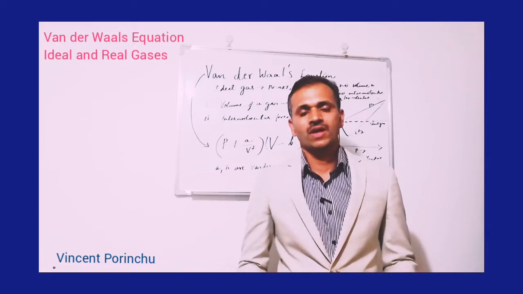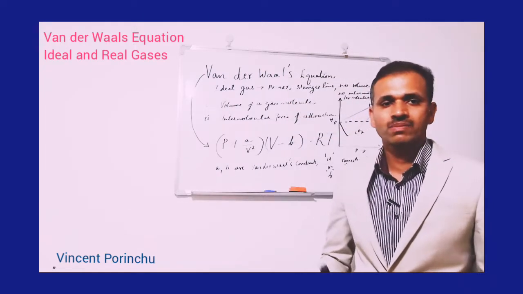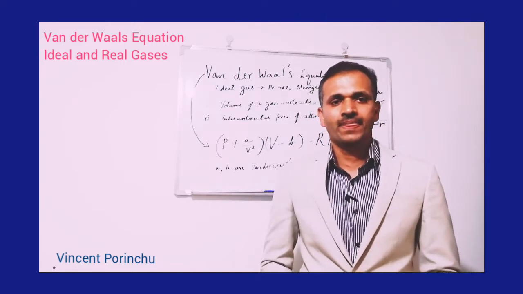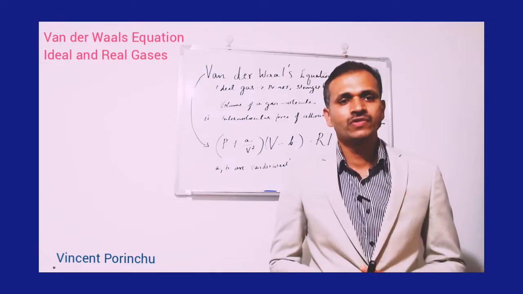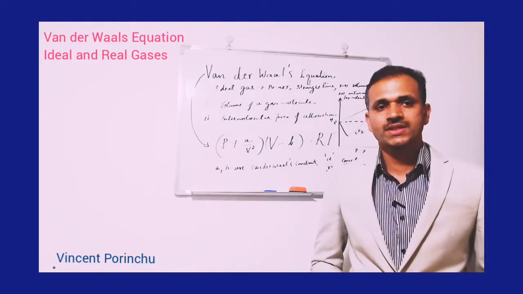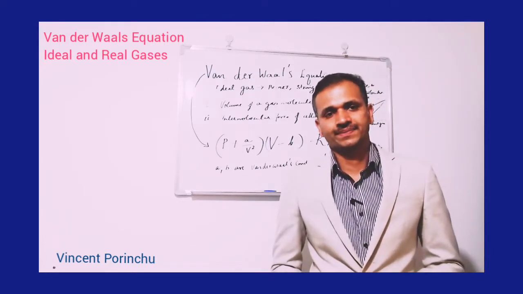So Van der Waals introduced a correction factor for pressure and volume in the ideal gas equation, and derived a new form of equation that is known as the Van der Waals equation for real gases.